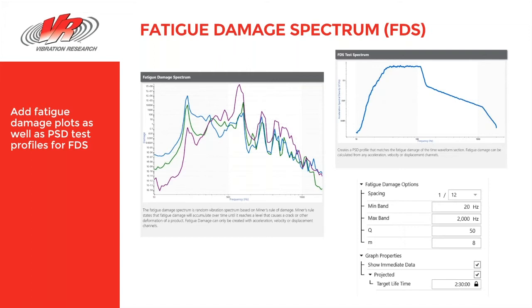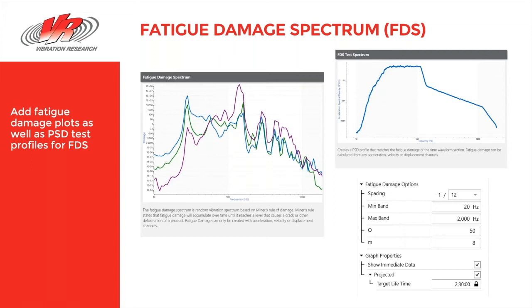Even though one individual pulse by itself might not have very much damage, the overall damage from lots of little pulses can be greater. This can also be used to generate a random vibration test using the FDS test spectrum graph that can achieve the same amount of damage for a range of test durations. Together, the SRS and FDS plots make it easier to know if you are over or under testing your product.